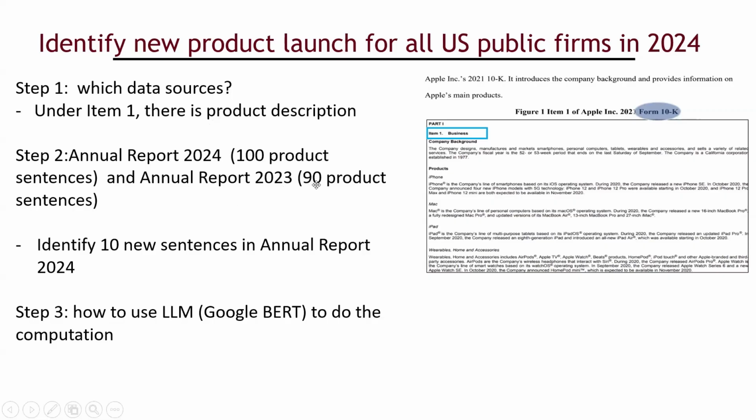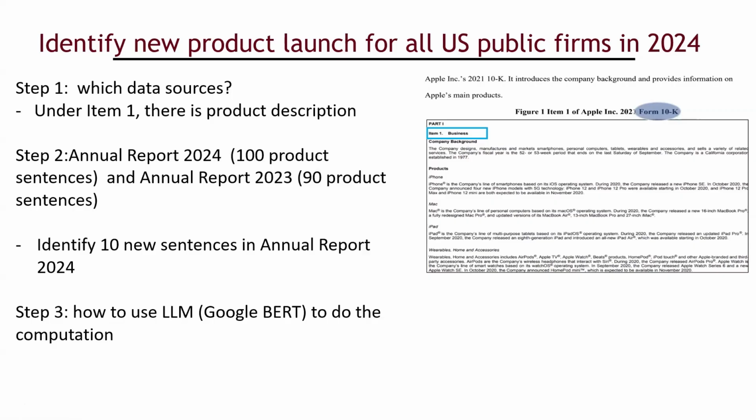How do you know which are the new products? Hypothetically, if 20 products retired from the 90 products in 2023, that means in 2024 there will be 30 new products. Let me do the math one more time. How do you identify which are the 30 new products?